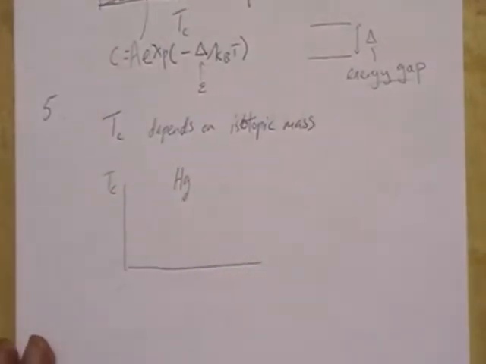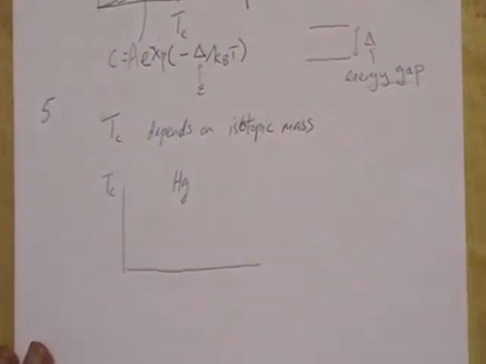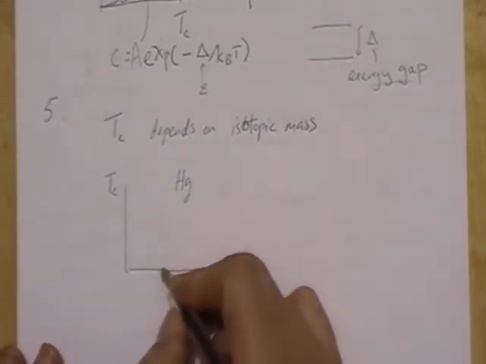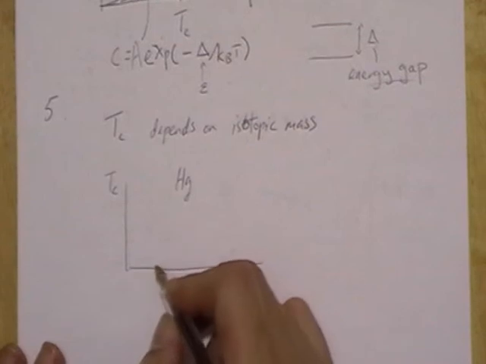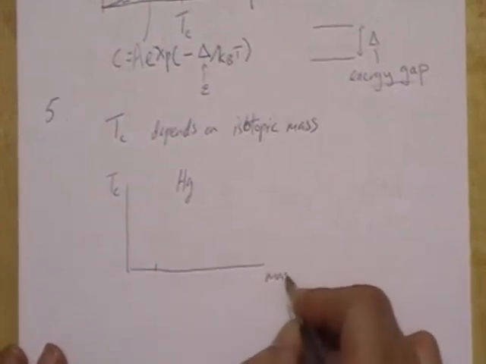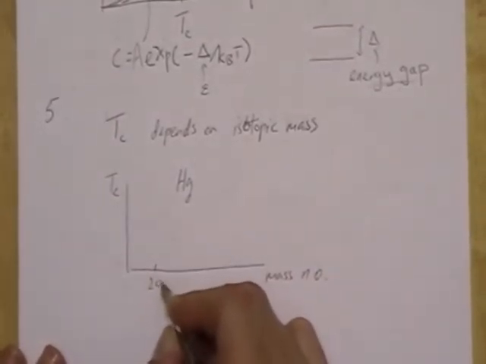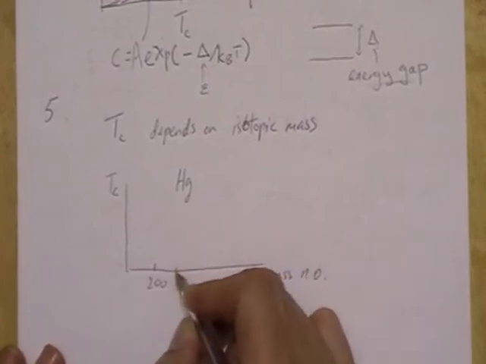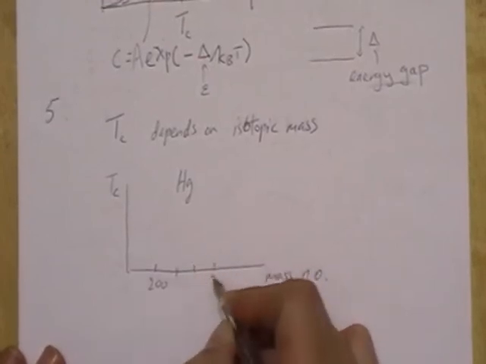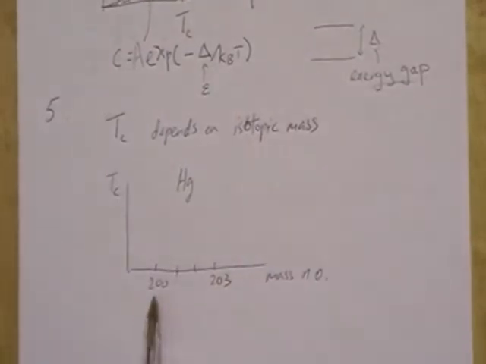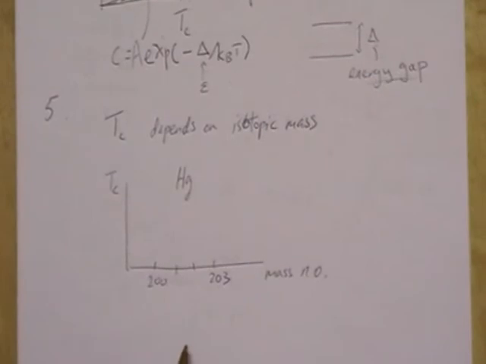Isotopes ranging from one with mass number 200, 201, 202 to 203. So there are these isotopes of mercury.